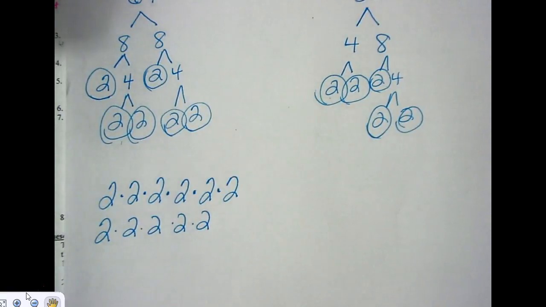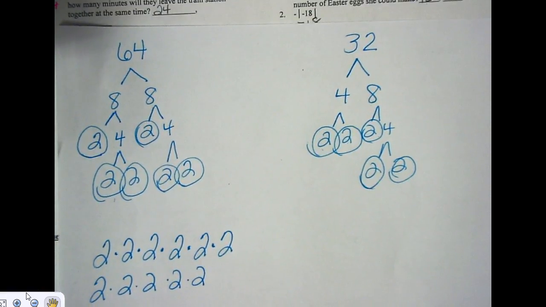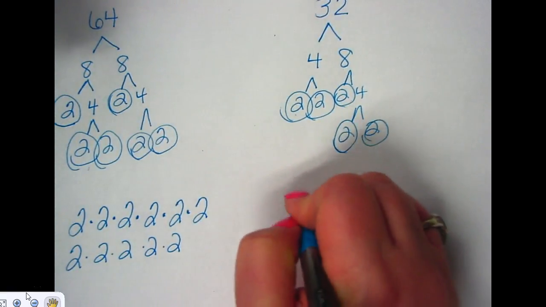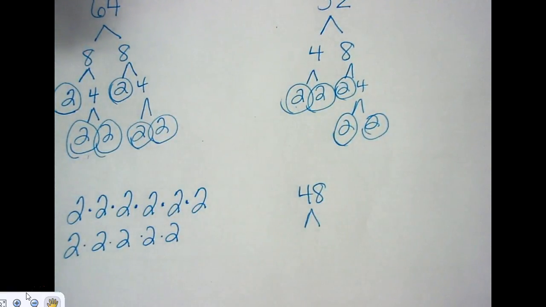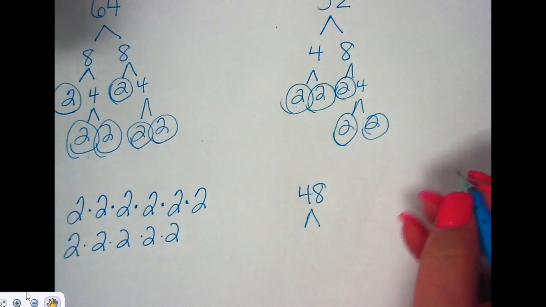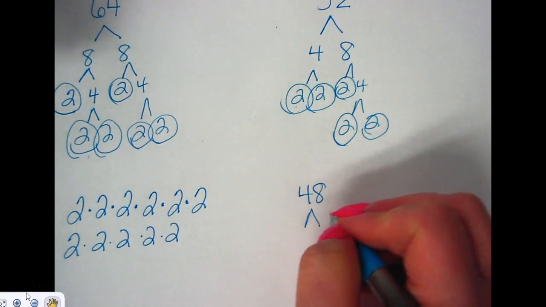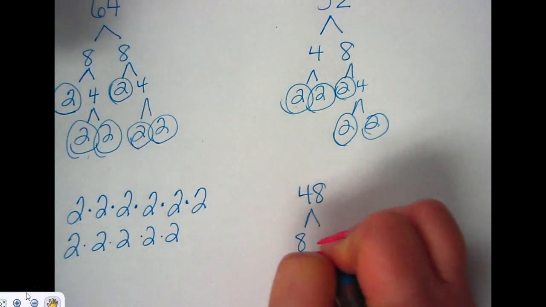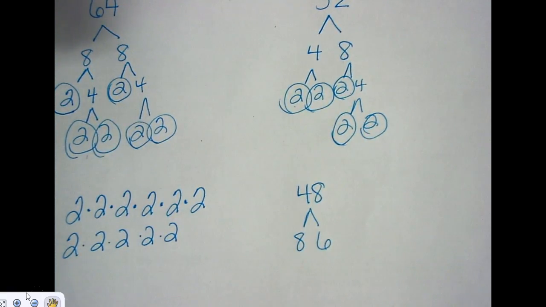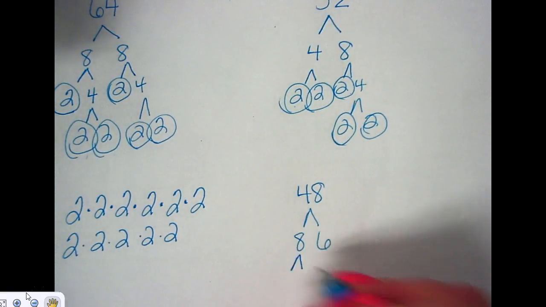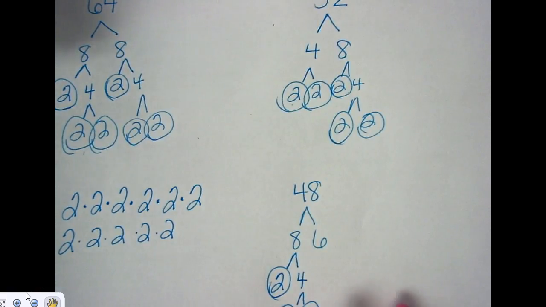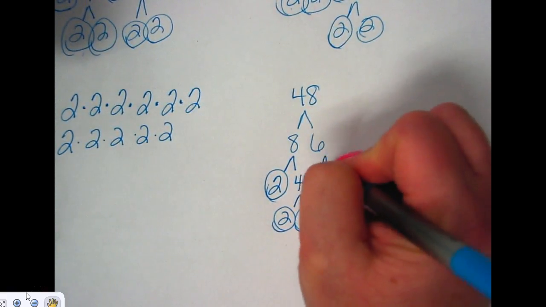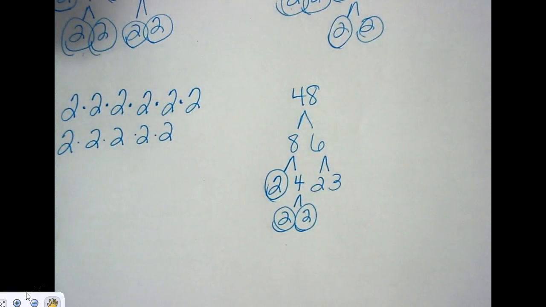The last number is 48. I'm sorry. 2 factors of 48. 8 and 6. 2 factors of 8 are 2 times 4, 2 times 2, and 2 factors of 6 are 2 times 3, and those are both prime.